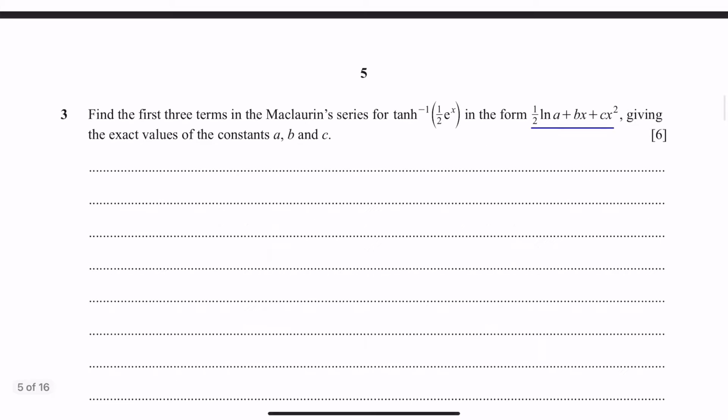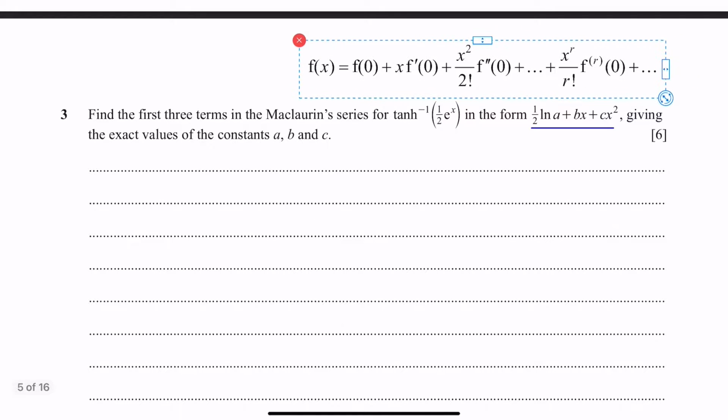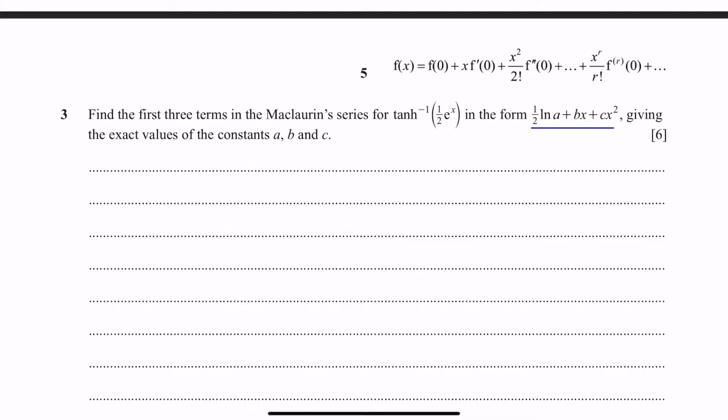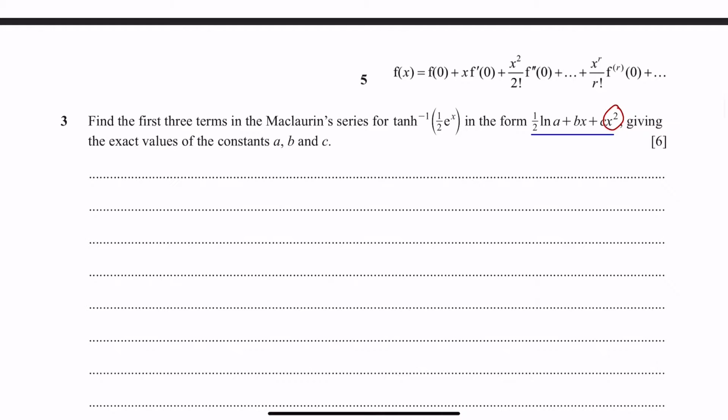So if we need up to the x squared term, we will need to find the second derivative of f(x).